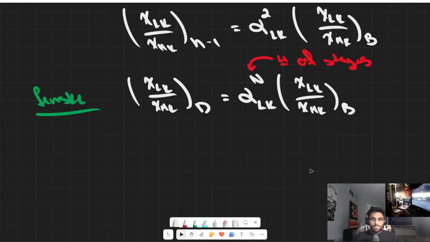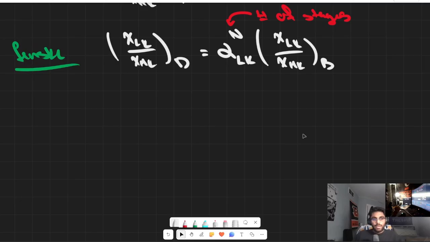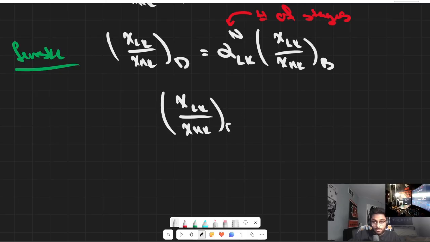So the final step to get the Fenske equation in its final form is just solving for n. So we're going to divide x light key, x heavy key split over the same thing for the bottoms.